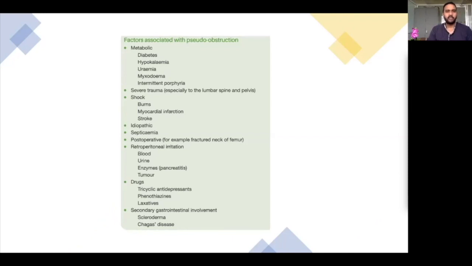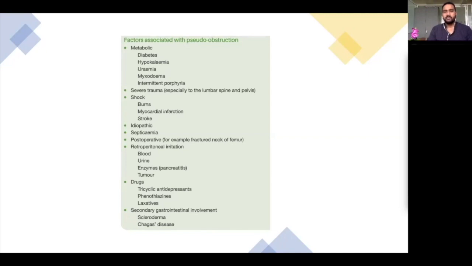So it can be metabolic. Everybody knows it. The table is there in Bailey and Love, so you can see it there; I took it from Bailey and Love. Factors associated with pseudo obstruction may be metabolic, or it may be due to severe trauma. Shock can cause pseudo obstruction again. Sometimes you can't find a cause, so it is idiopathic.